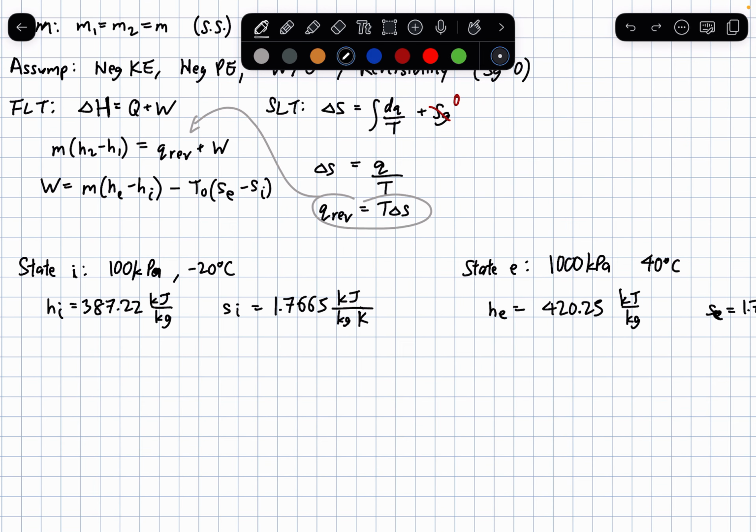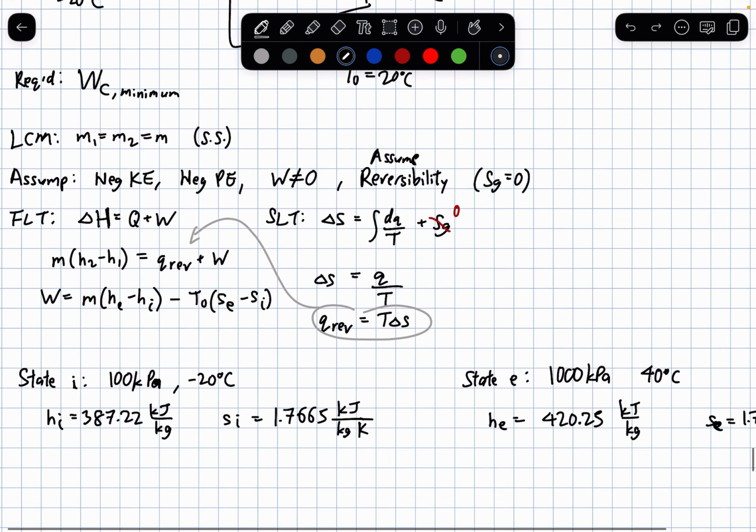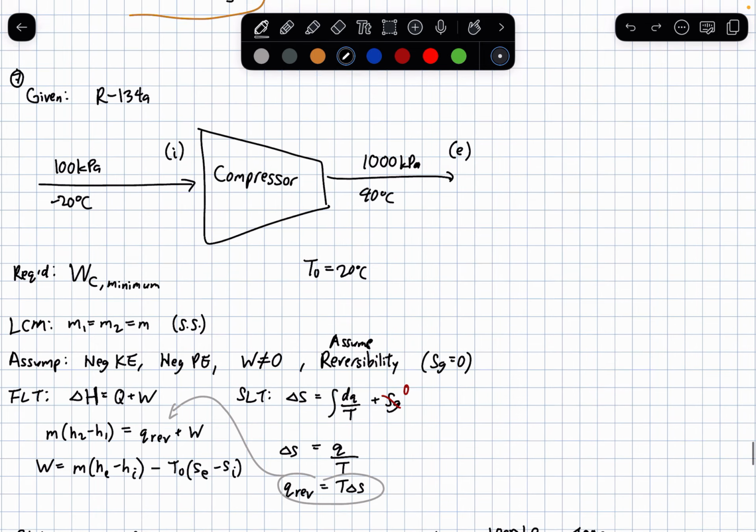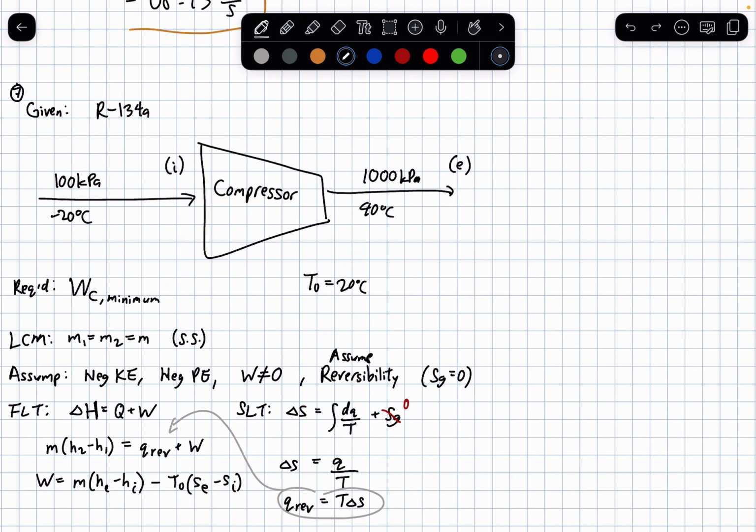Let me see if this is going to get the right answer. So we have this. We don't know the mass. How do we identify the mass? We don't even have the volume.